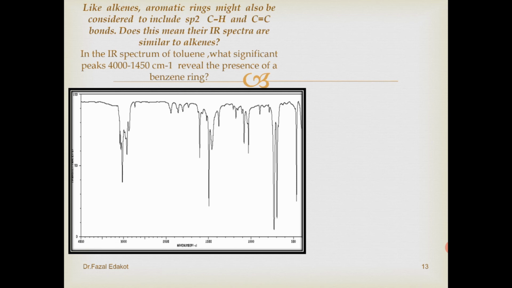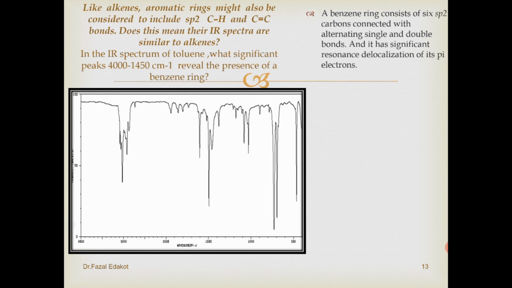Does this mean the IR spectra are similar to alkenes? Let's see. In the IR spectrum of toluene, what are the significant peaks from 4000 to 1450 per centimeter that reveal the presence of a benzene ring? You can look at this and compare with the previous one. A benzene ring consists of 6 sp2 carbons connected with alternating single and double bonds, and it has significant resonance delocalization of its pi electrons, aromaticity.